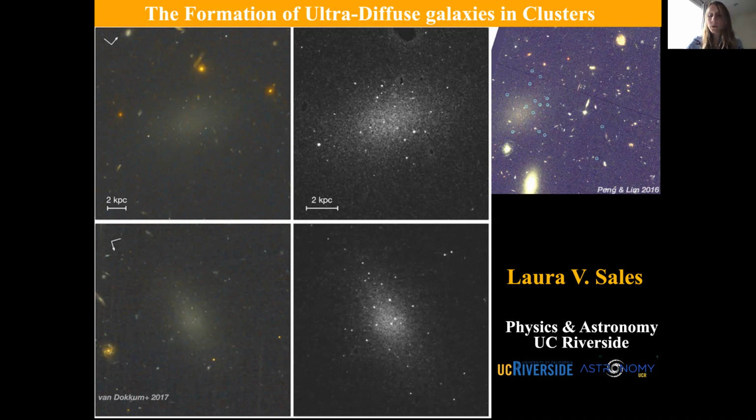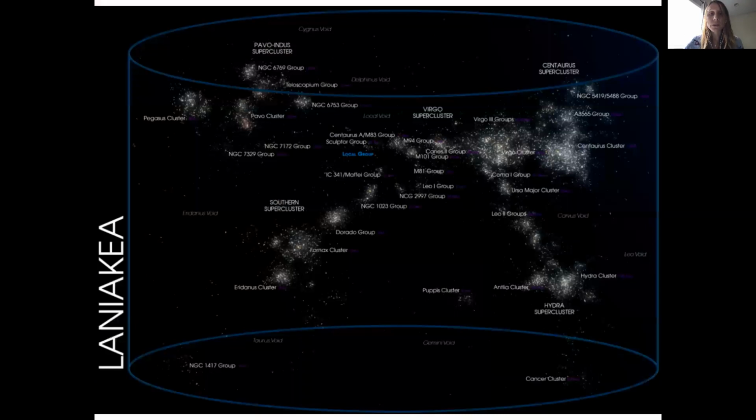Before starting to explain what we have done, I wanted to give a sense of the scales involved in this study. When we think about clusters, the closest structure to the Local Group in this image is over here in this blue label.